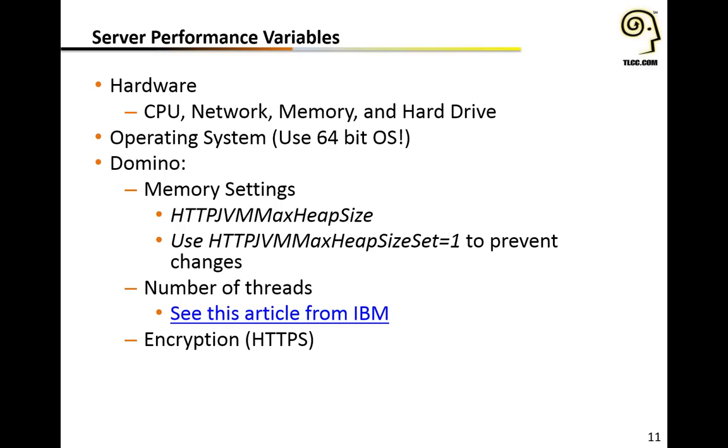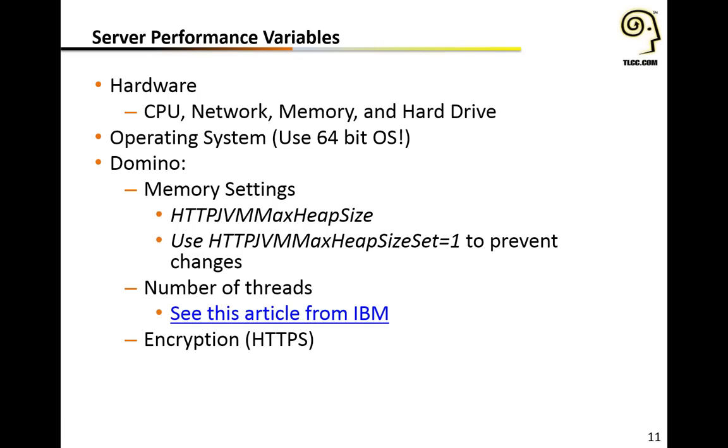And for memory, there's a notes.ini setting where you can control the amount of memory used by the Java virtual machine that the Domino HTTP task uses. That's the HTTP JVM max heap size. The default is 256 megabytes. However, you can make that bigger.